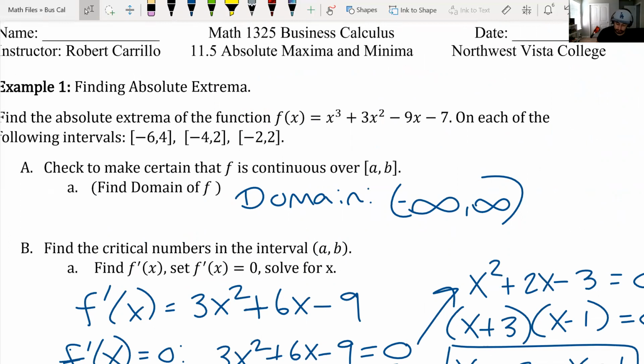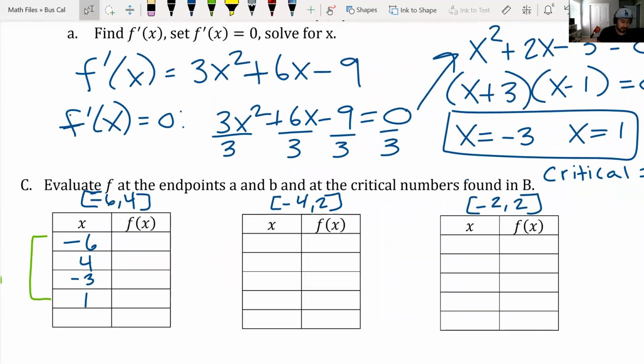And I plug them in, -6 gives me -61. 4 gives me 69. -3 gives me 20. And 1 gives me -12.